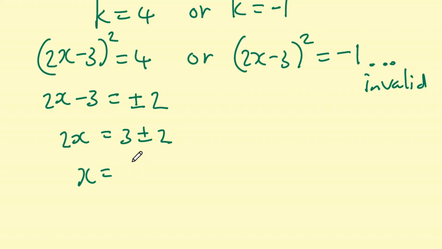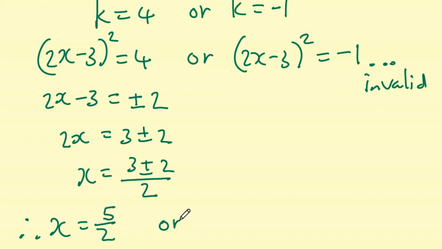And x is equal to 3 plus or minus 2, all divided by 2. So therefore, x will equal 3 plus 2, which is 5, divided by 2. So 5 over 2, or x equals 3 minus 2, which is 1, divided by 2.